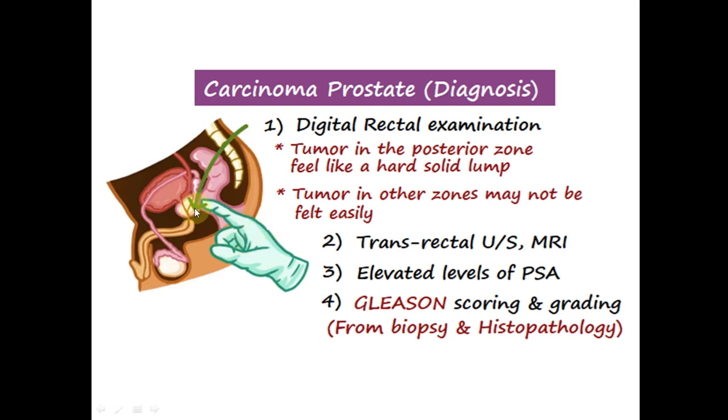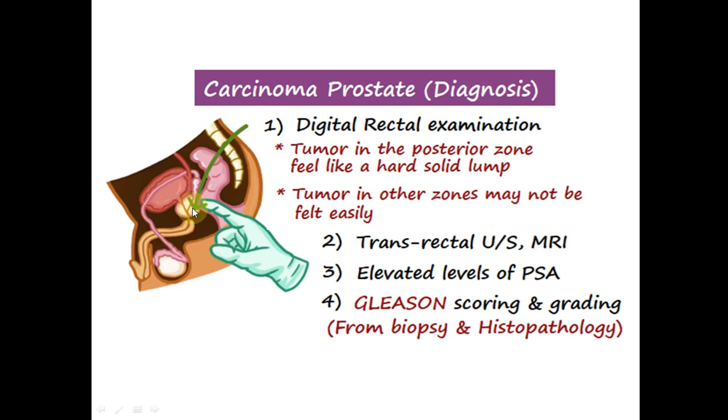We insert the finger and we feel for the prostate. And if we feel a hard, solid mass here, we know that the posterior portion of the prostate gland is immediately located in front of the anterior wall of the rectum. So here we can palpate the prostate cancer.